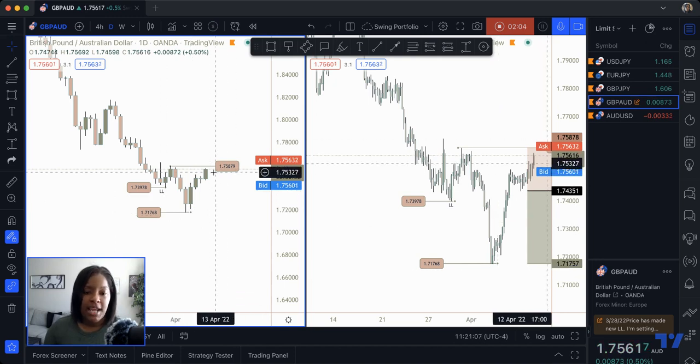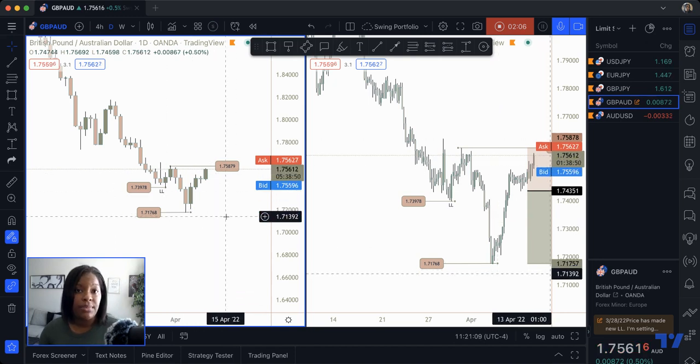So if it can stay below this area, they're going to be able to buy it cheaper in the upcoming days. But if price passes this exchange rate, they will now start to buy the pound currency at a higher price, which means for us as traders, we can trade this information. But I wouldn't hop on the sell bandwagon just yet, nor the buy bandwagon just yet. This is when I would stay neutral.